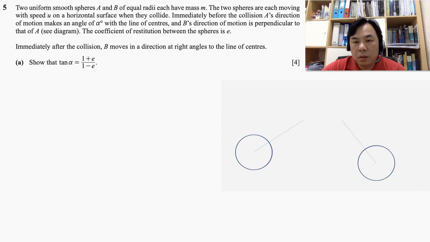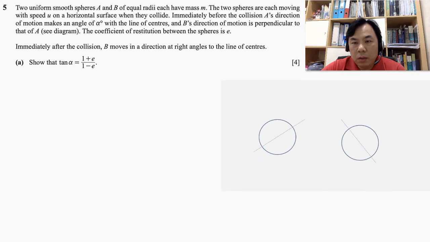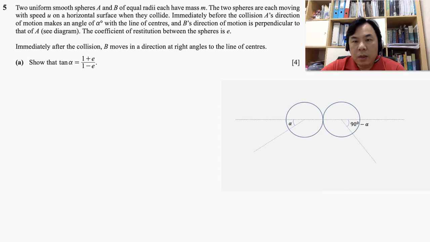Okay, now this is how it actually looks like. So A and B will move and then collide. Now the direction of A before the collision is making an angle alpha to the horizontal line that passes through their center of mass in this case. You can see that quite clearly.